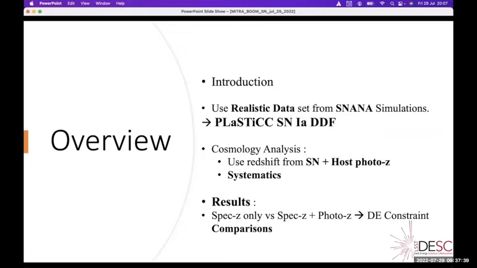We're going to look into the systematics that we used and how the redshift from supernova plus host galaxy photo-z has been used. And finally, we will go to the results section where we will give a comparison of the dark energy constraints that we produced between a spectroscopic only sample and a spectroscopic plus photo-z combined sample.